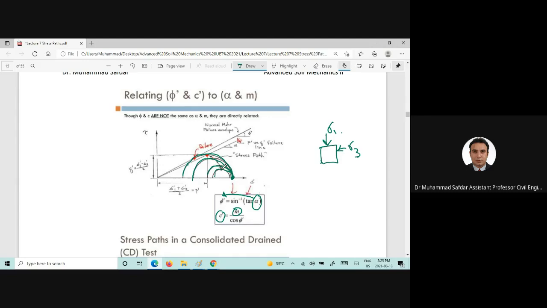Initially the peak point was here, and then it reached here, and then here, and then we reached that particular peak here, and this is the Mohr-Coulomb failure envelope.